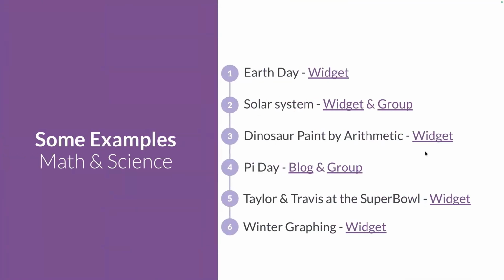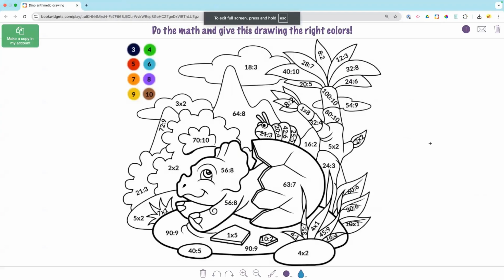Here's another one, more whimsical. So, if you want to practice math skills, if you have your elementary students like dinosaurs, who doesn't love dinosaurs? We got a paint by number widget. So, this one, you could also do a little bit of throwback to your high school students.